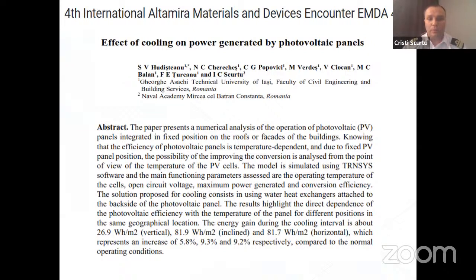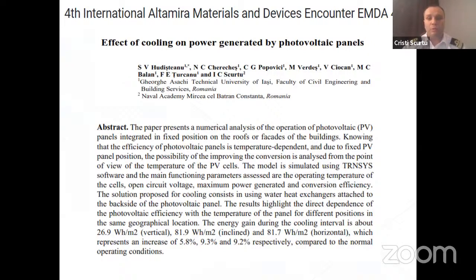The solution proposed in this paper for cooling consists of using water heat exchangers attached to the backside of the photovoltaic panel. It's a tricky and old solution, but it has some good results. The results highlight the direct dependence of photovoltaic efficiency on temperature, for different positions in the same geographical location.